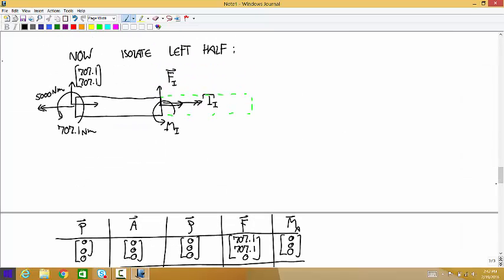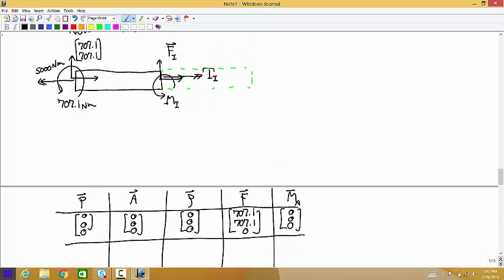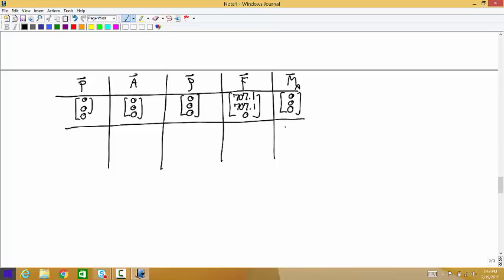And then we can lump these two together. These are just two components of a couple. We have 5,000 Newton meters in the negative x direction and 707.1 in the positive z direction. So negative 5,000, 0, and then positive 707.1.